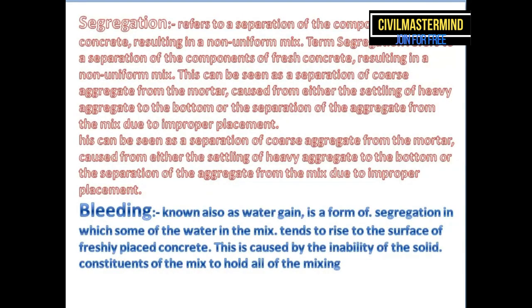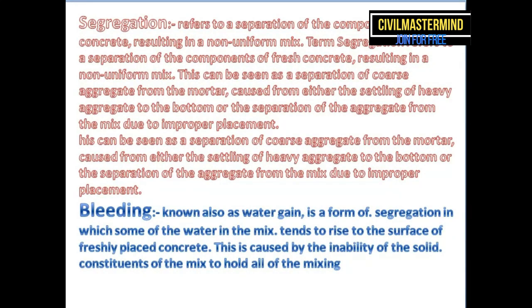Here you can refer to segregation. When you refer to segregation, the term means separation of components. Now, when you are talking about concrete, it is cement, coarse sand, and stone grit, and of course, water as well. What happens when these get separated?